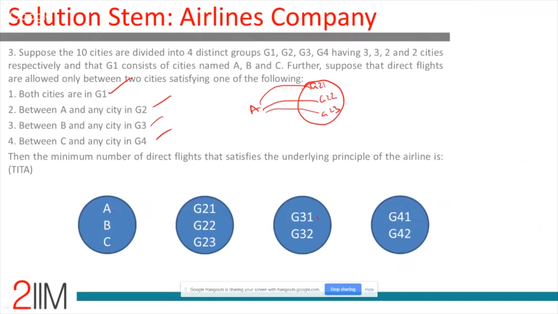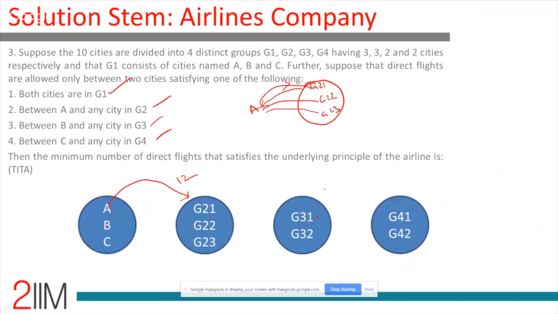All 3 in the morning, all 3 in the evening, both directions. So A to G21, morning and evening, G21 to A, morning and evening, A to G22, morning and evening, G22 to A, morning and evening. Altogether, you're talking about 12 flights.